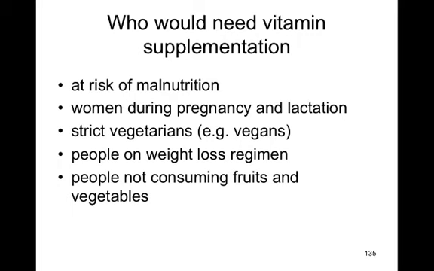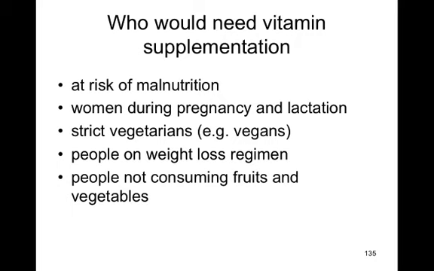People on a weight loss regime: there are certain fad diets that exclude certain macronutrients, as a part of which they exclude certain micronutrients, and these people could be making themselves susceptible to being deficient in a particular vitamin.